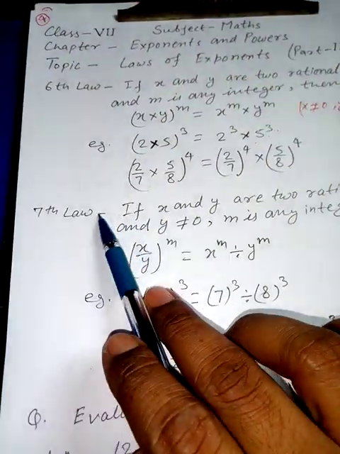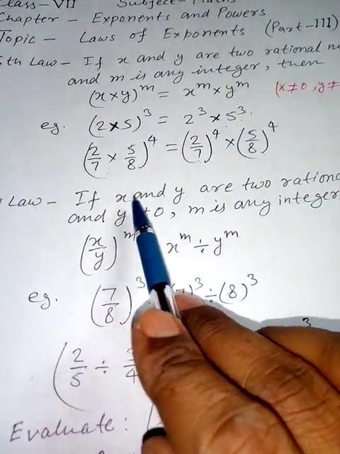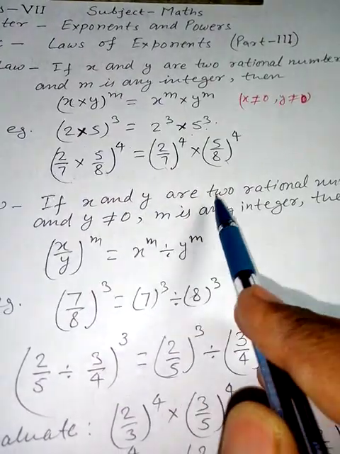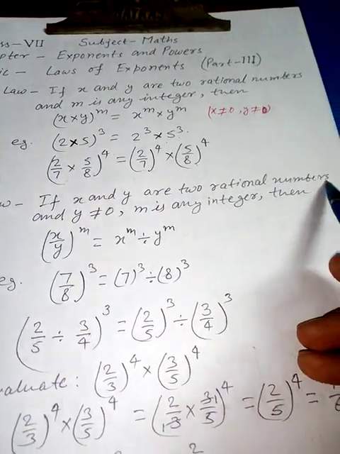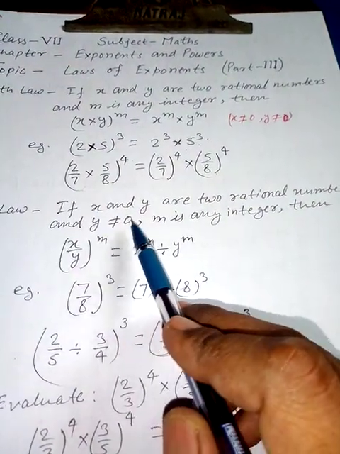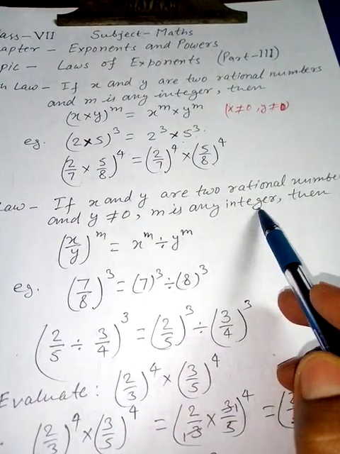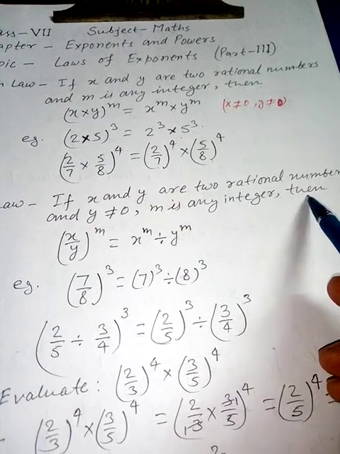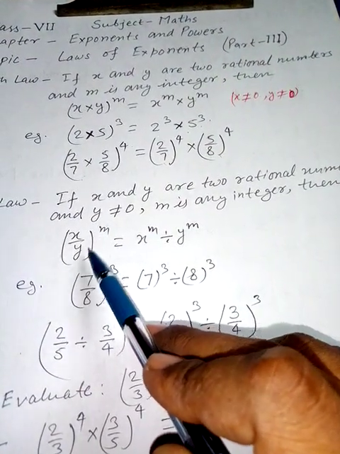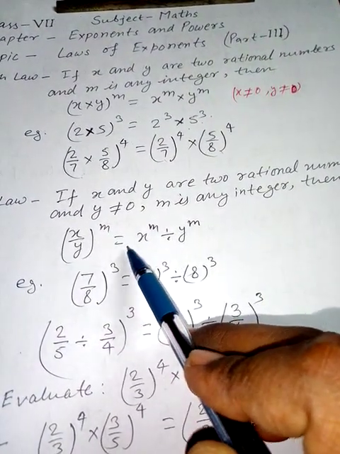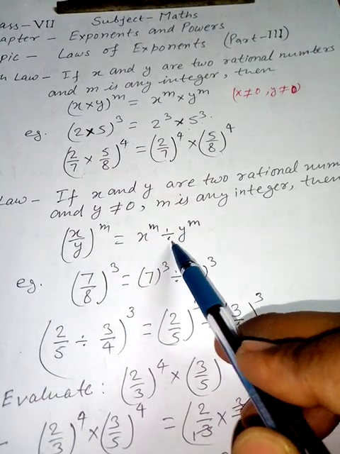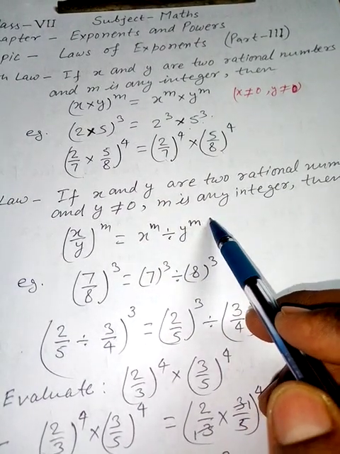Now the next law, seventh law: if x and y are two rational numbers and y is not equal to 0, m is any integer, then (x by y) to the power m equals x to the power m divided by y to the power m.